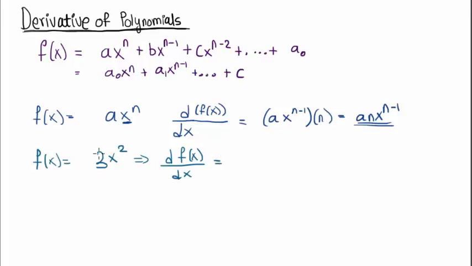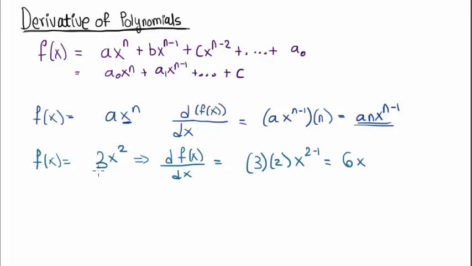I'm going to keep the 3 the same, not touch it, get the original exponent down, multiply it with the coefficient, keep x the same, take away 1 from the top, so 2 minus 1. What is 2 minus 1? It's 1, right? What is 3 times 2? 6. So it's just 6x to the 1, but I don't need to write the 1. So the derivative of 3x squared is 6x.